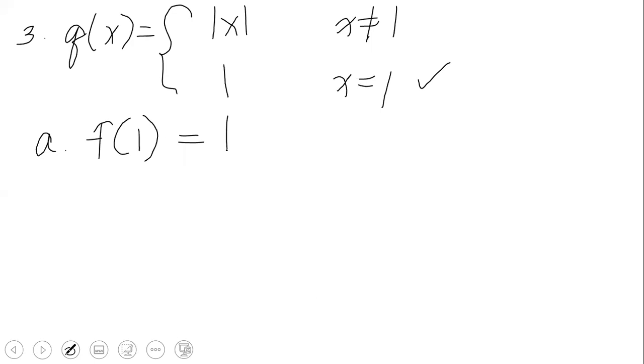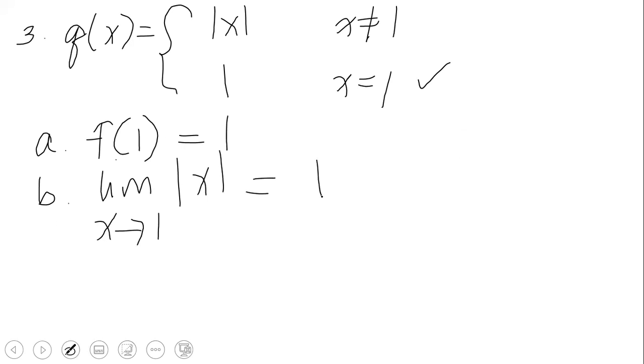So we have the value. For the second one is we will be using the limit. So we will be using the limit property, the limit of absolute value of x as x approaches 1. So therefore equal to 1.